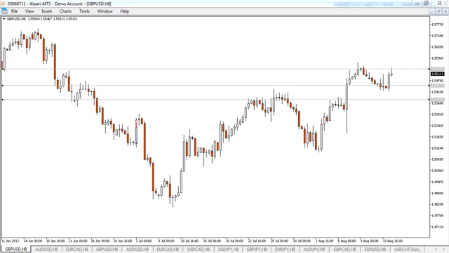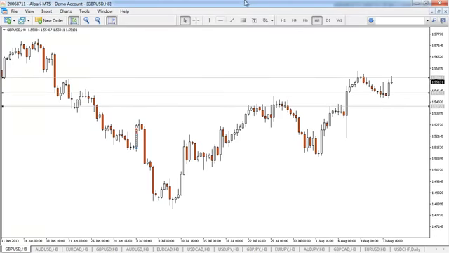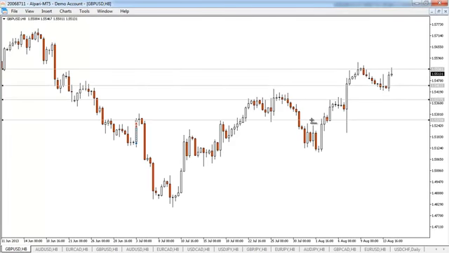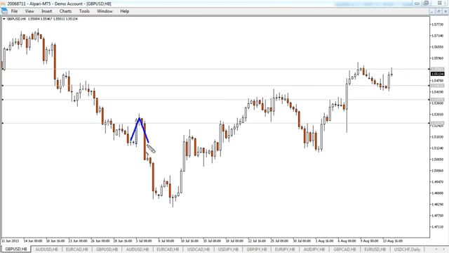Next one seems a little bit further away. I'm thinking around about here, perhaps. The reason I want to place it here is because we've got a pretty strong bounce there. We've got a bounce here. We've got a wick bounce here. Now, wick bounces, they do count.